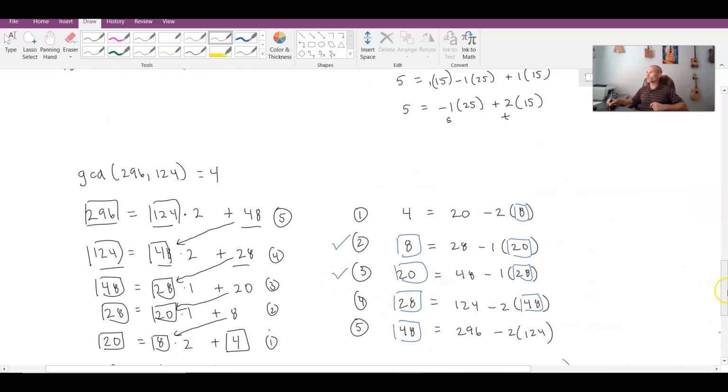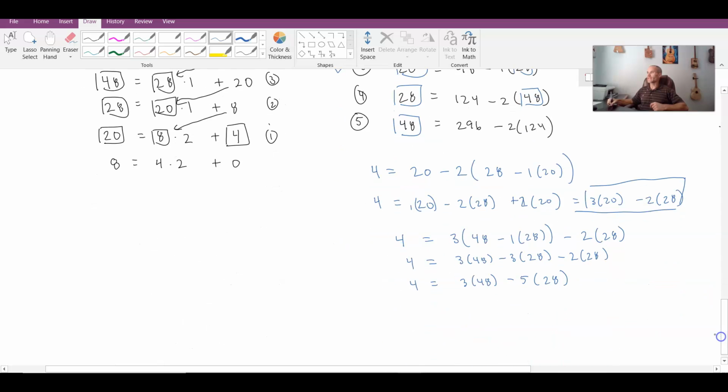Now I'm going to replace the 28 with the expression that it is equal to. So I will write 4 is equal to 3 times 48 minus 5 times 28, but wait, 28 is equal to 124 minus 2 copies of 48.